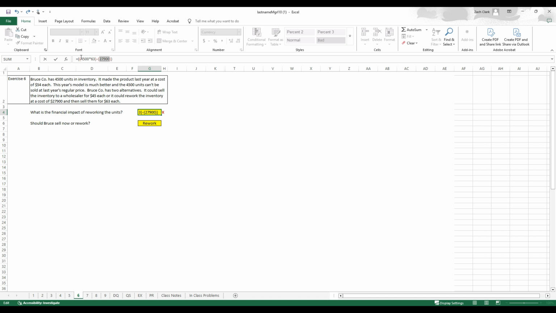The revenue we'll make from selling them all is 4,500 times 63. So that's that amount there. And then let's subtract the 4,500 times 45. This would be the revenue that we would earn just from offloading them to a wholesaler.